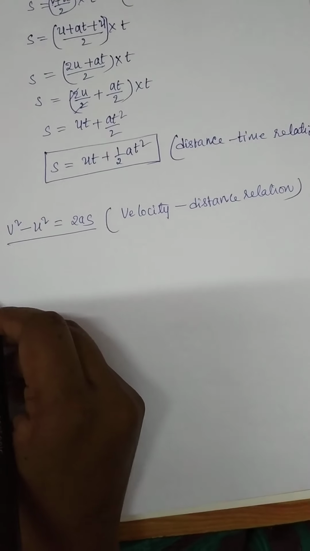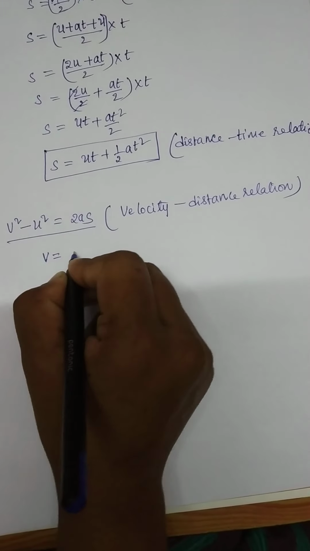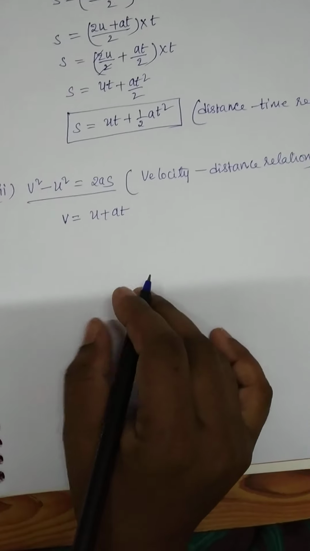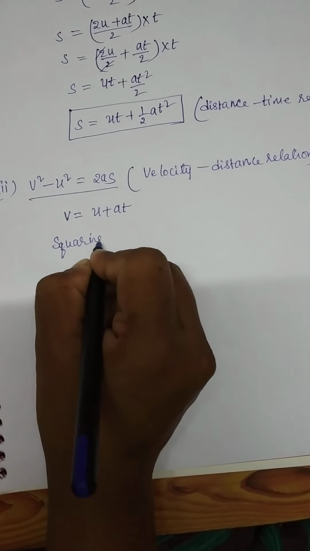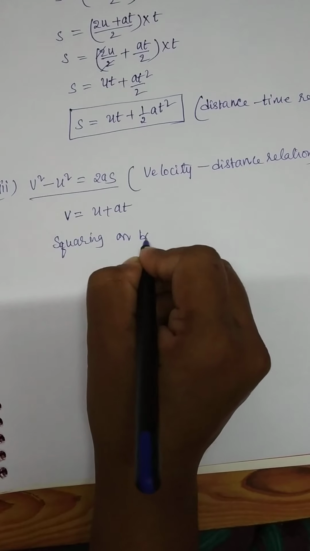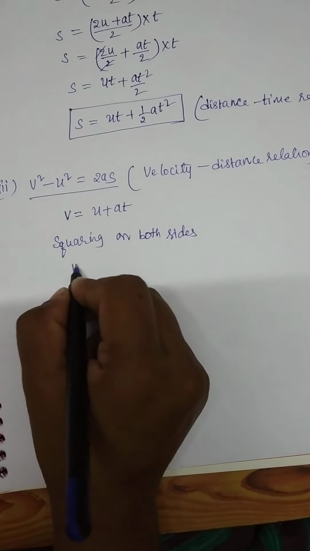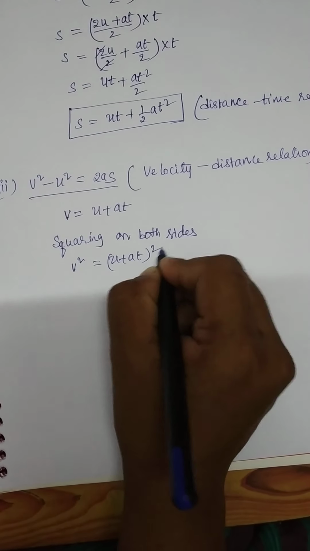Now see, we know the first equation of motion, v is equal to u plus at. Now squaring on both sides, v square is equal to u plus at whole square.